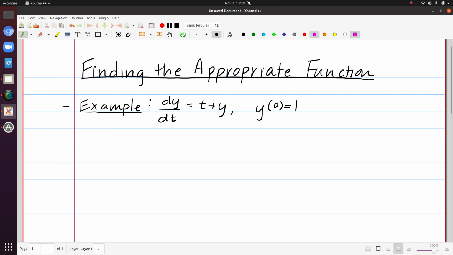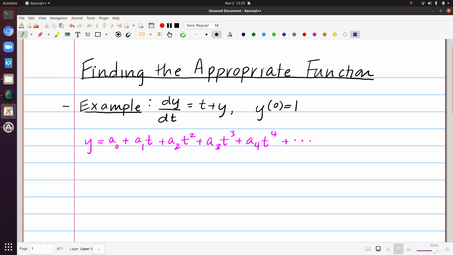again, motivated by the initial condition being y of 0 equals 1, then I start off just like before with y equals a sub 0 plus a1t plus a2t squared plus a3t cubed, and so on.